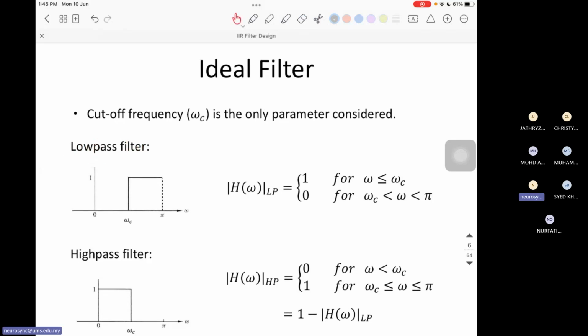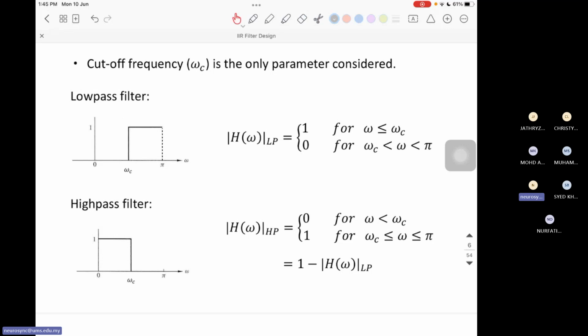The low pass filter passes the lower frequencies, which means the frequencies less than or equal to the cutoff frequency. So this is basically the diagram for this low pass filter. Okay, this is the high pass filter. This is the low pass filter. In case of low pass filter, it passes only the frequencies which are less than or equal to the cutoff frequency. Other than that, the output is zero.